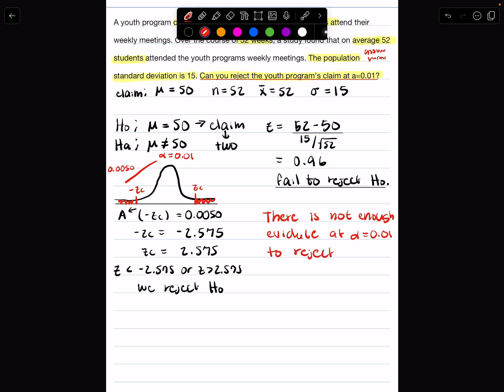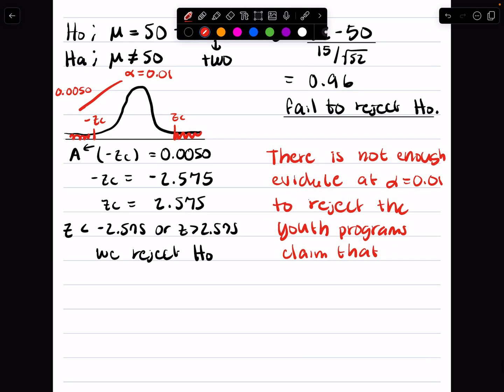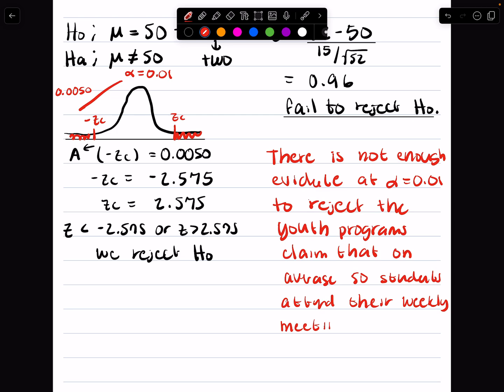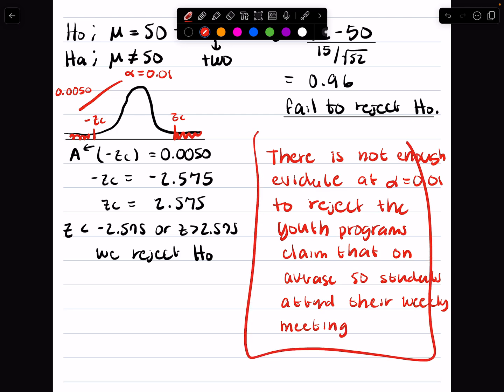There's not enough evidence to reject, so we can't reject the youth program's claim that on average 50 students attend their weekly meeting. And that is our answer.